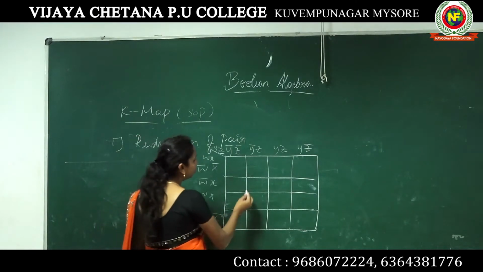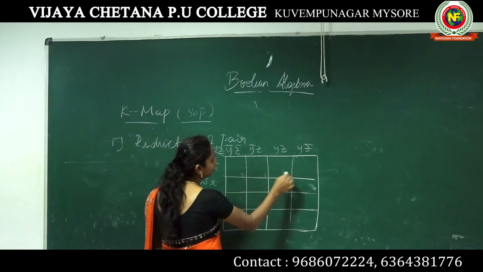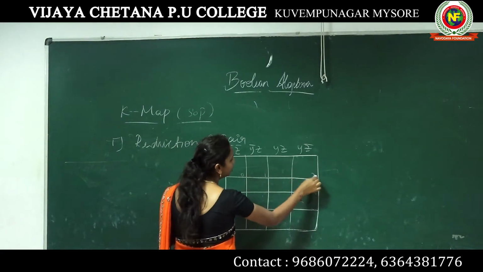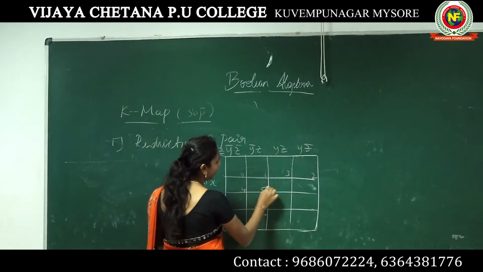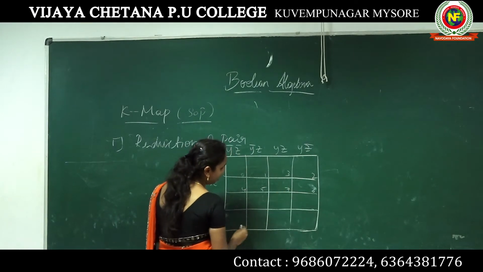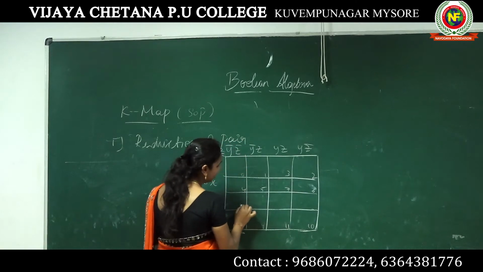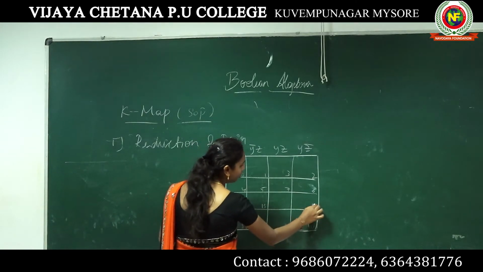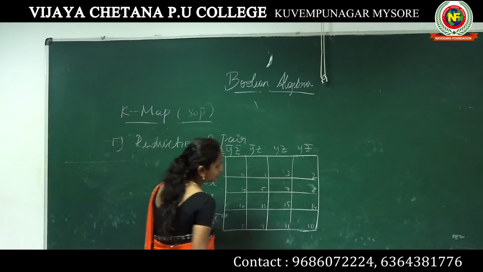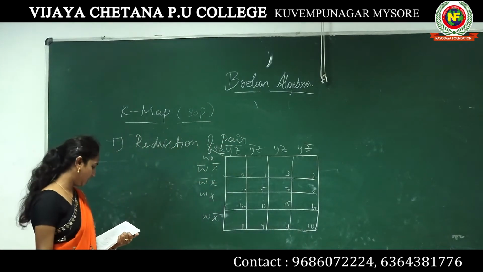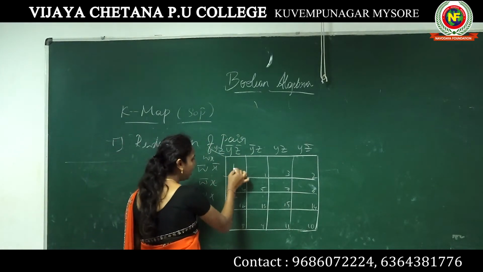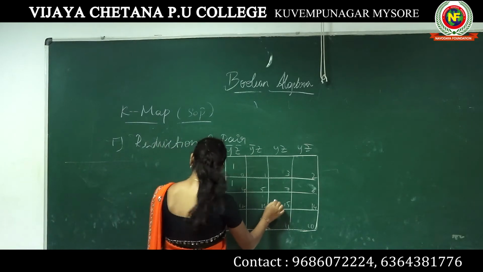Okay, so how to number it? 0 1 2 3 4 5 6 7 8 9 10 11 12 13 14 15. So this is how we are numbering. Here, for example, one is here and another one here.